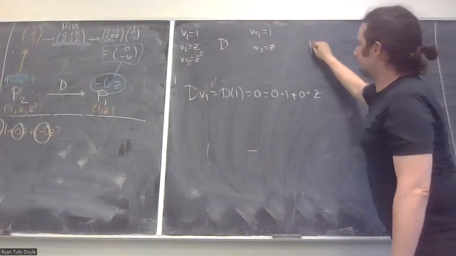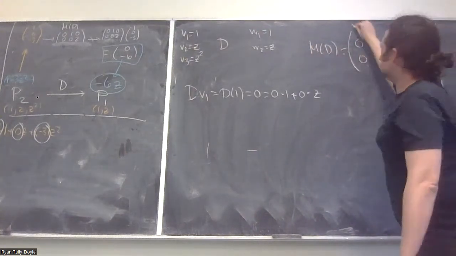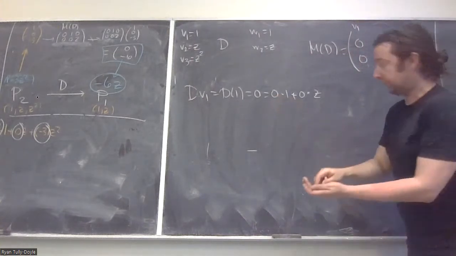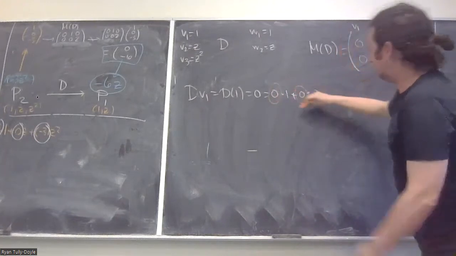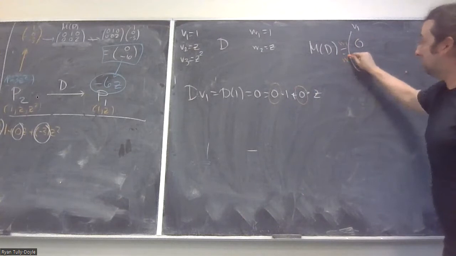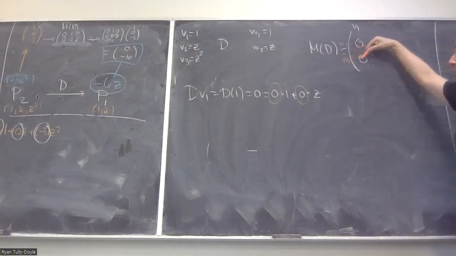And I say, okay, so the matrix of D has a 0 and a 0 in its first column, because I've computed these coefficients, and those coefficients become the first row, or sorry, the first column of this matrix. It's the coefficient of W1 after I plug V1 in, and the coefficient of W2.